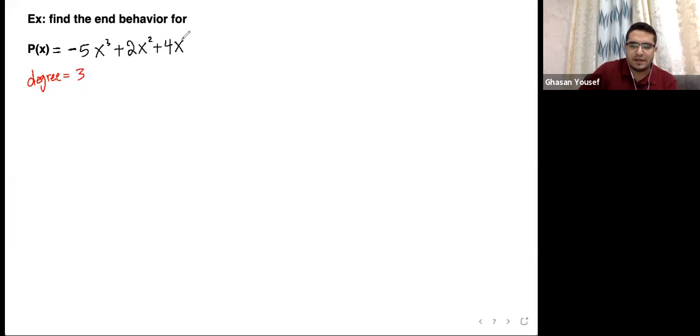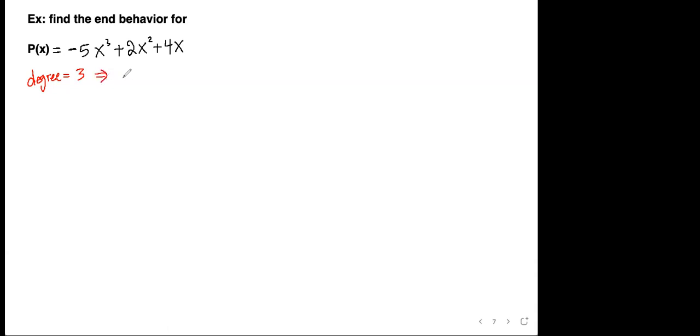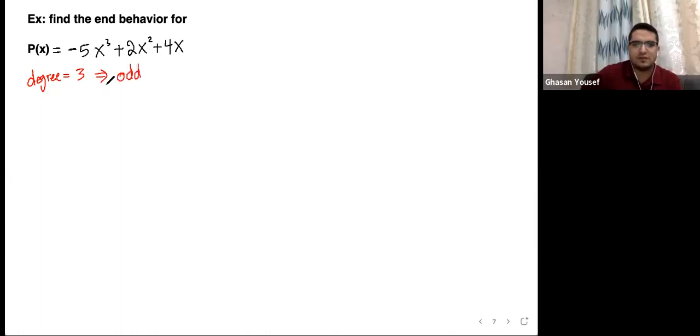Here we have 3, we have 2, we have 1, so the highest power is 3. So the degree is 3. Is 3 even or odd? Odd, exactly. So here it is odd.